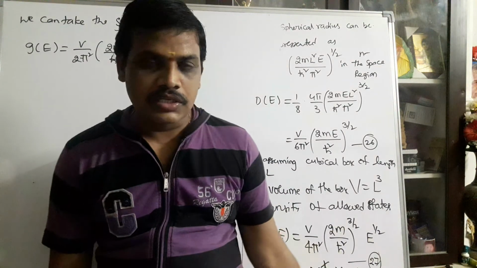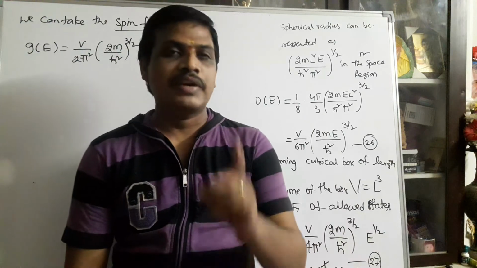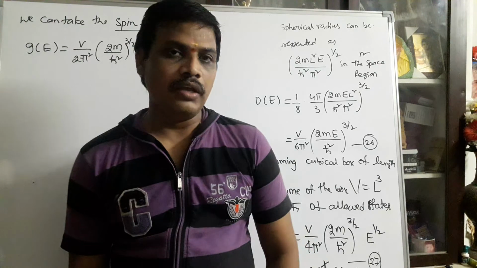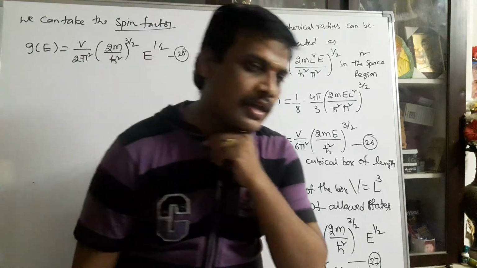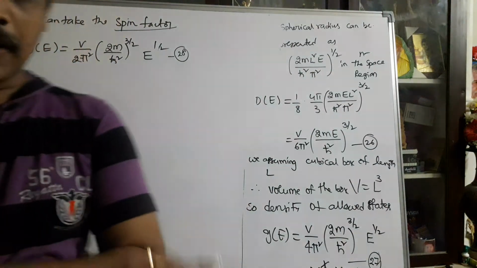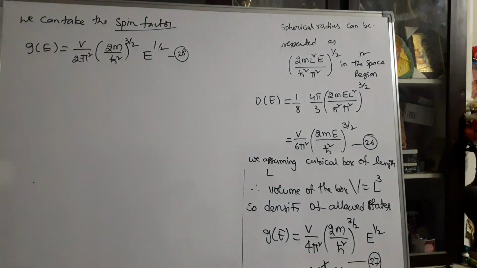Up to this, you have completed the first topic, called allowed energy states or allowed energy regions. So up to equation number 28, you must derive it, and the allowed regions part is completed.